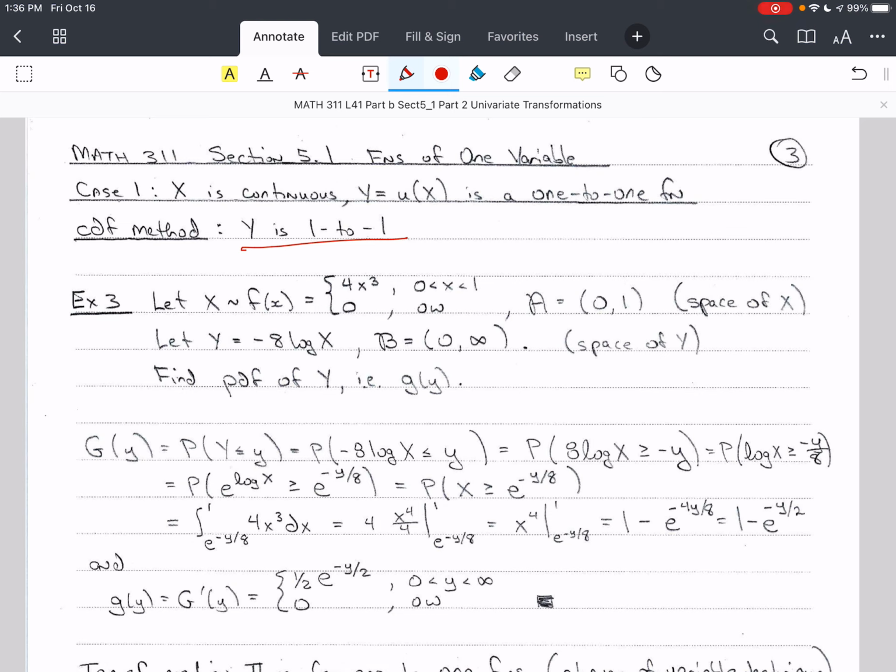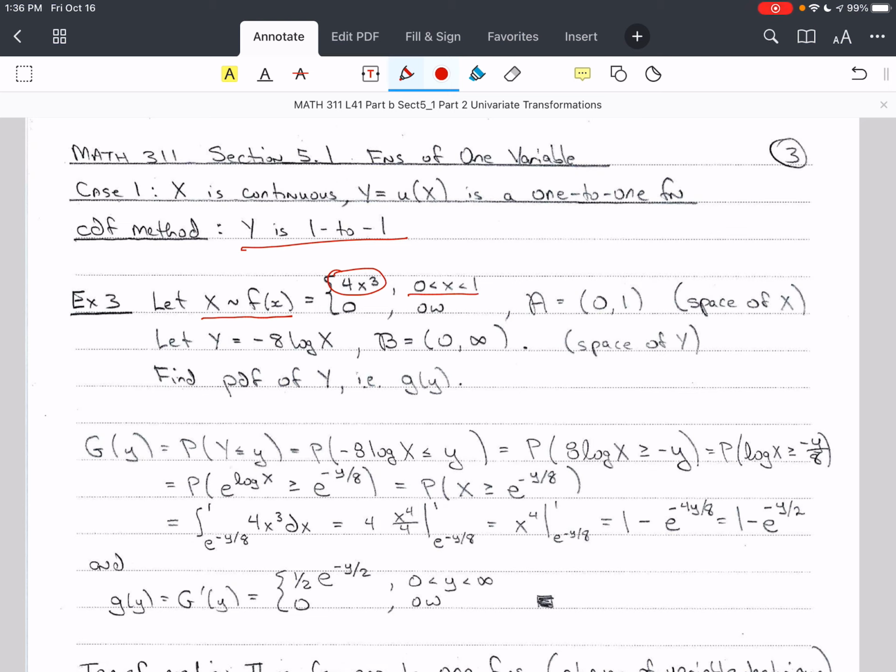This can be a very complex method, or it can be a very simple method, depending on how complex your PDF of x is. So let's start off with x being distributed as f of x, which is 4x cubed when x is between 0 and 1, and of course 0 otherwise.